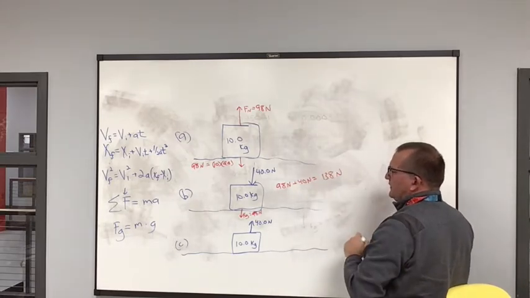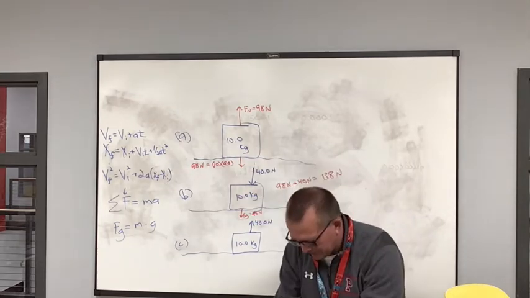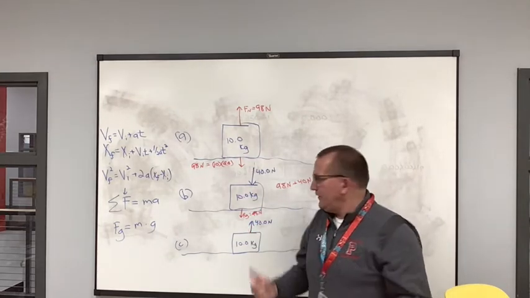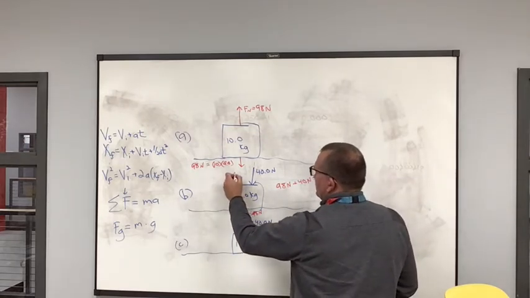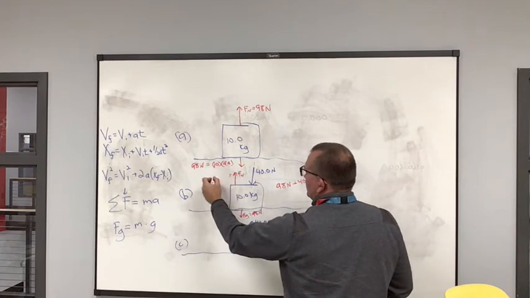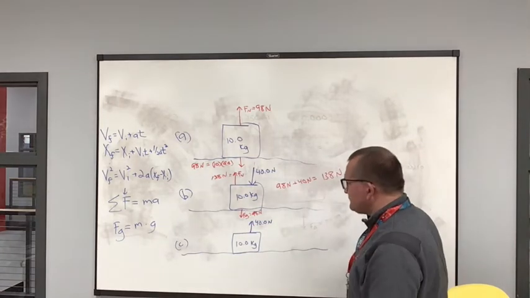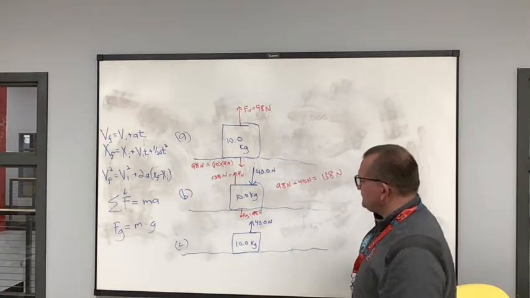It's 138 newtons going down. Now once again, the box still isn't moving, which means that my upward force, or normal force, has to counteract that. So it's going to be equal but opposite: 138 newtons going upward.